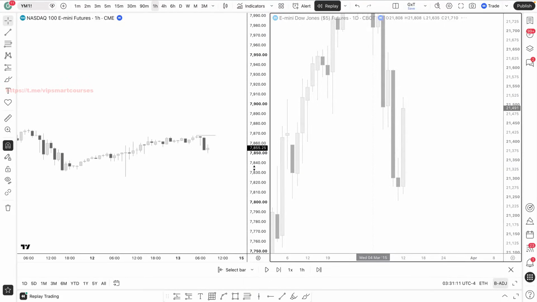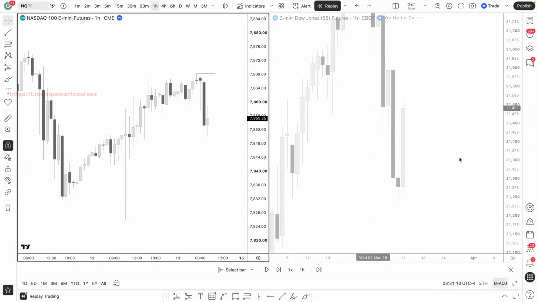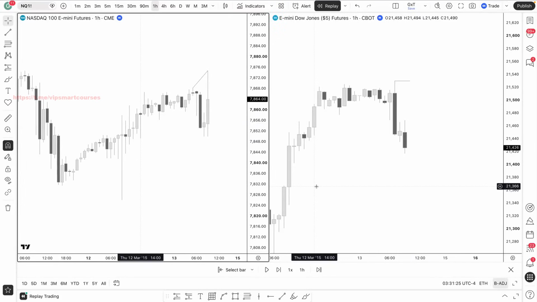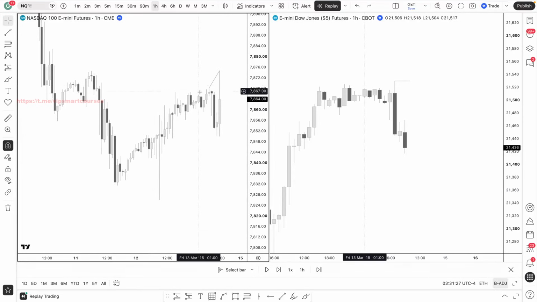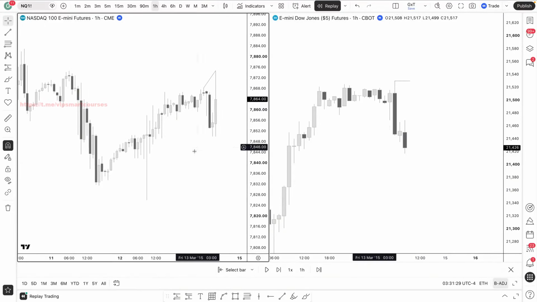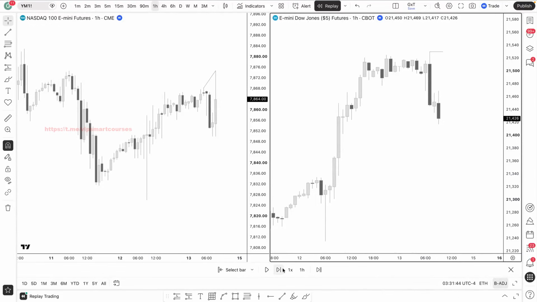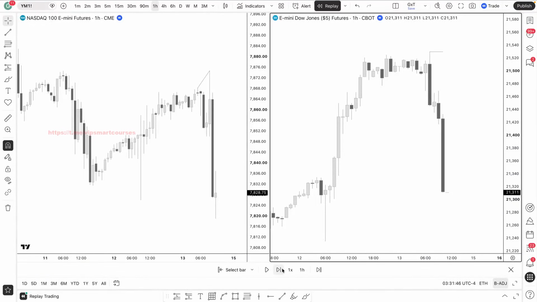So this decoupling move right here, but even if you didn't have that, simply if you have a relevant level put in and your draw on liquidity is lower, we want this decoupling to manipulate price. So you're automatically going to assume that this is going to cap off the decoupling. This is where you can trade this asset towards your draw on liquidity. As you see, price trades and expands there.